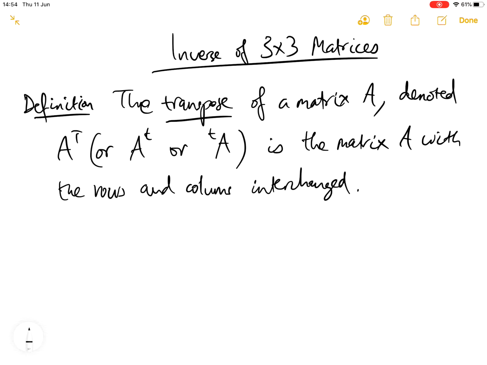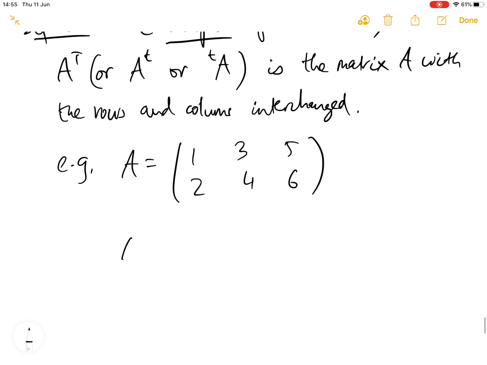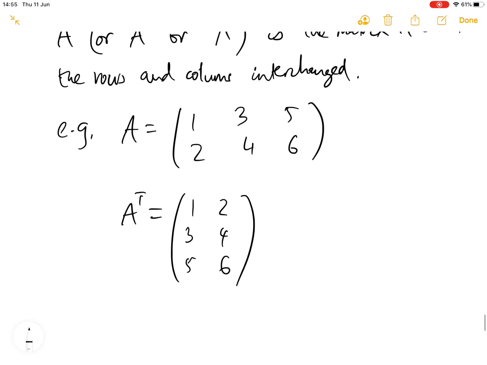So, for example, if we consider A is the matrix 1, 2, 3, 4, 5, 6, the transpose of A, we swap the rows and columns, so it becomes the matrix 1, 2, 3, 4, 5, 6, like this.